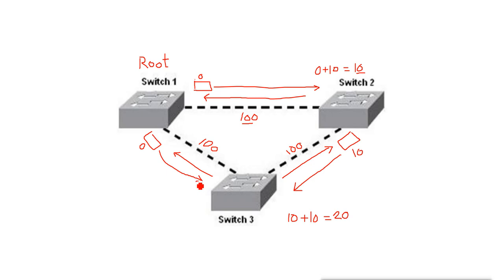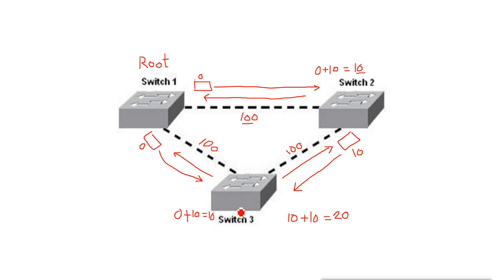Now this switch will say okay, the path cost sent by the root bridge is 0, plus the port cost I have. I have 100 Mbps, that means I will go with 10. And the cost for this path is 10.